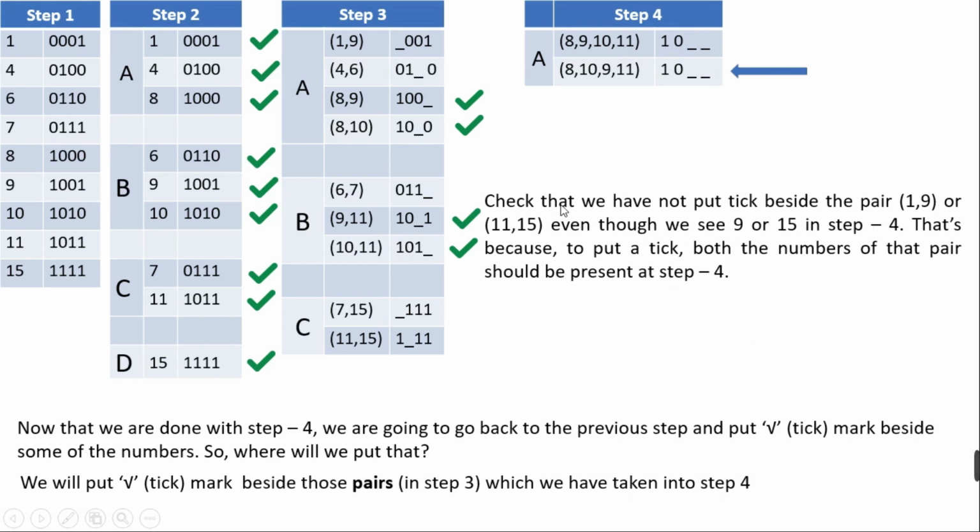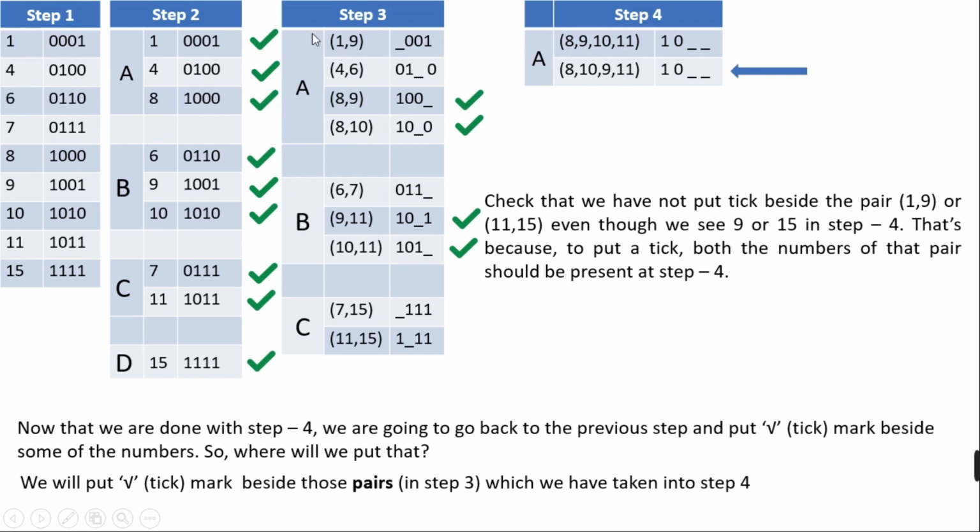You should really check one thing that's written over here. We have not put any tick marks beside the pairs 1, 9 or 11, 15, say. So let's check 1, 9. You may think that I can see a 9 over here and we have taken 9 in our step 4, so why didn't we put a tick mark beside it?